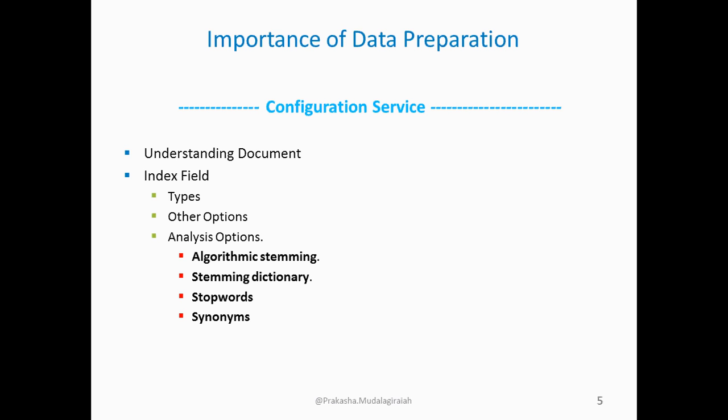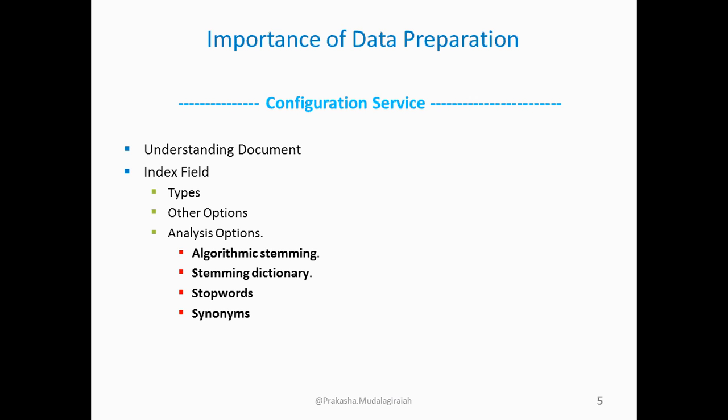Just a quick note, when we add fields or modify existing fields, we must explicitly issue a request to re-index the data after we complete configuration changes. Configuration service is key for the data architect who would be configuring different types of indexes, mainly around the search domain.